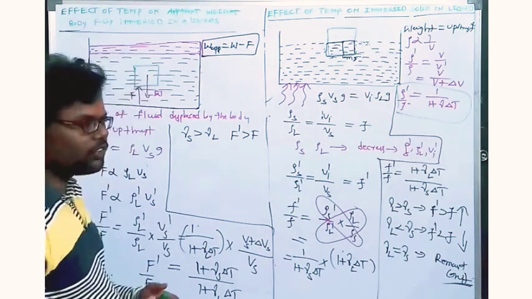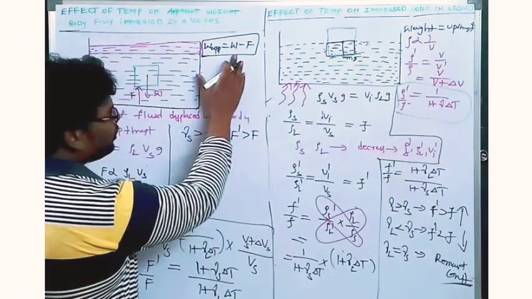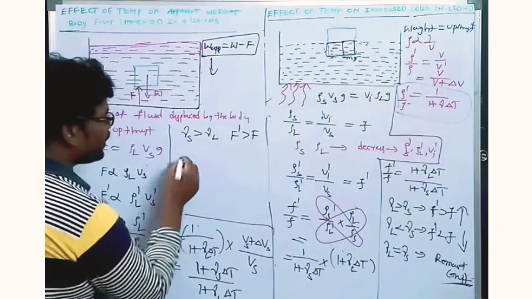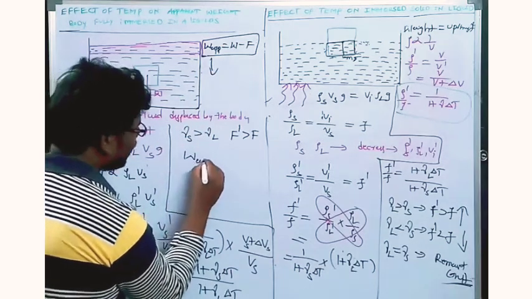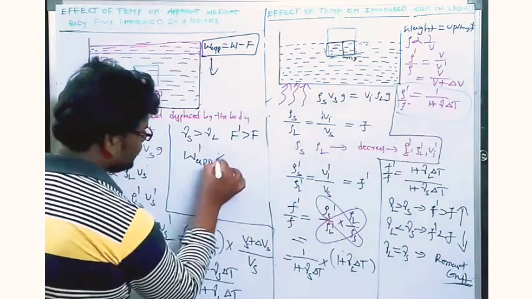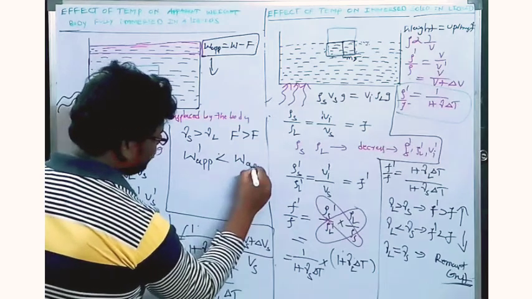Now in this situation, if the buoyancy force increases, what will happen? The apparent weight will decrease. So we can say the apparent weight after giving the temperature is less than the initial apparent weight.